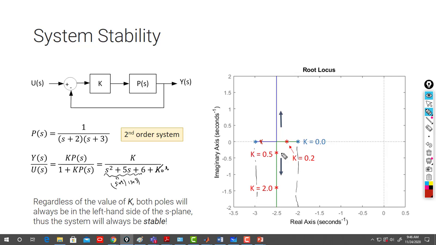If you take k 0.5, because you want to draw the locus, you start varying k from 0 to infinity. So now at k equals 0.5, I will get two poles, one here and one here. So you see your poles are moving.